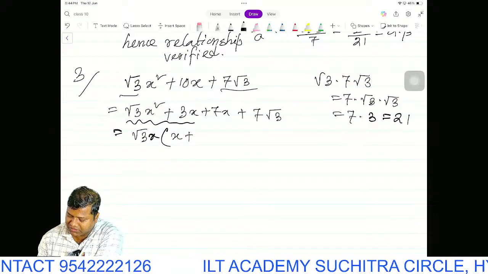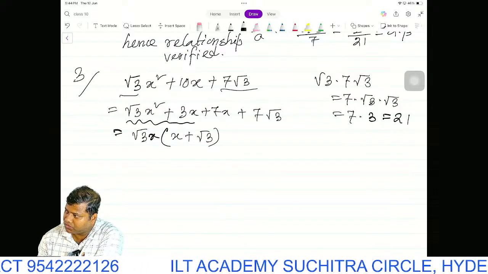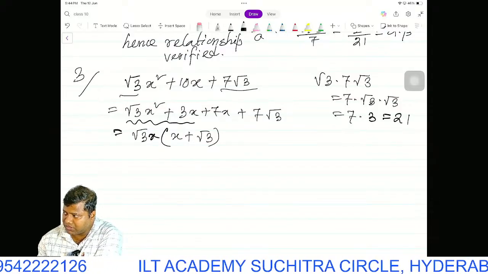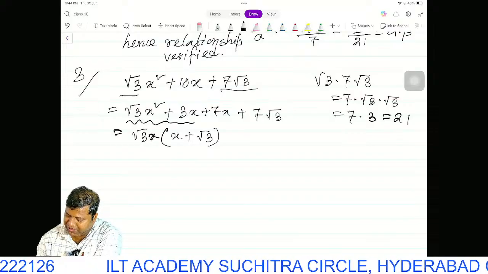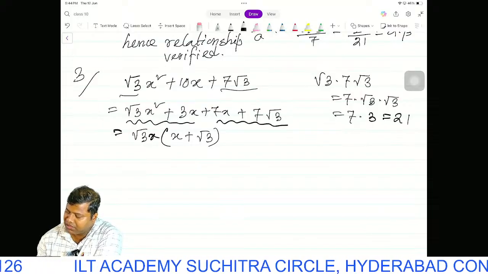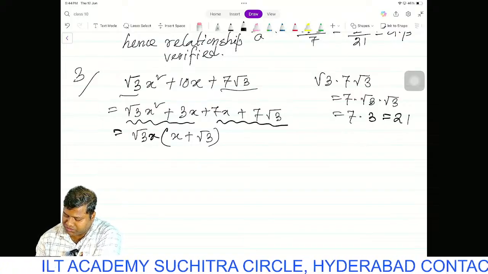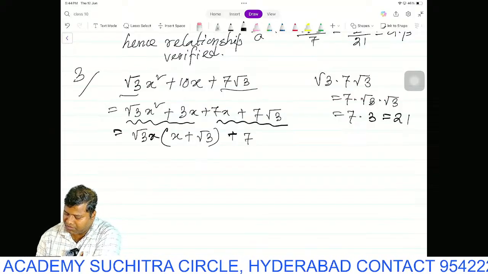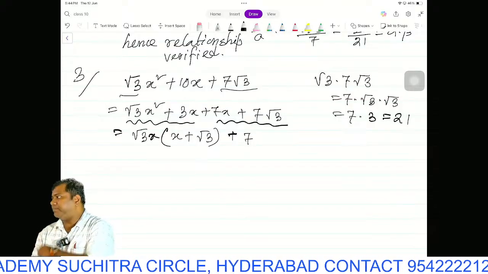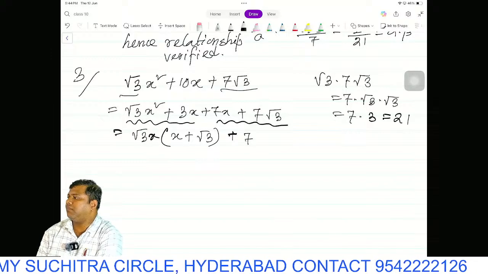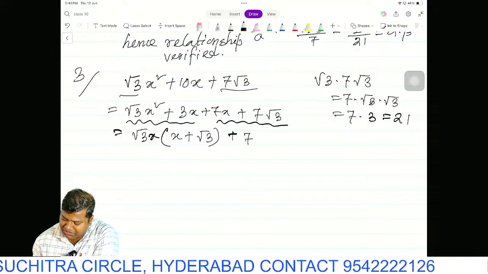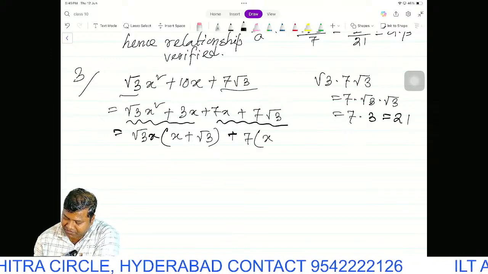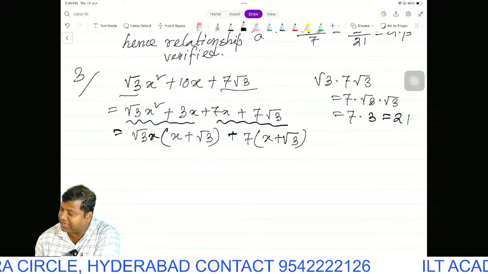X plus root 3, and again from the last two terms I am getting 7 as common. So what is left? X plus root 3 again.